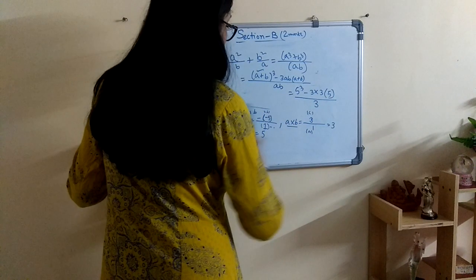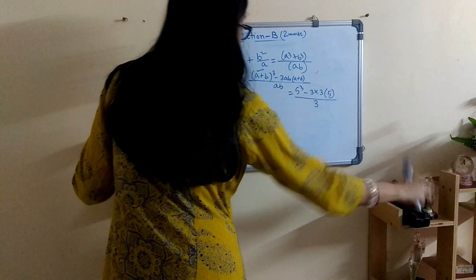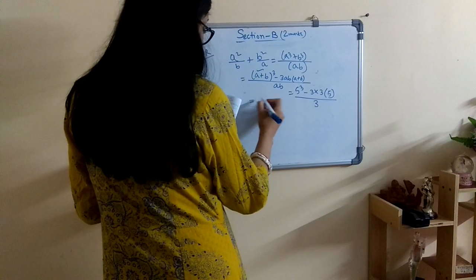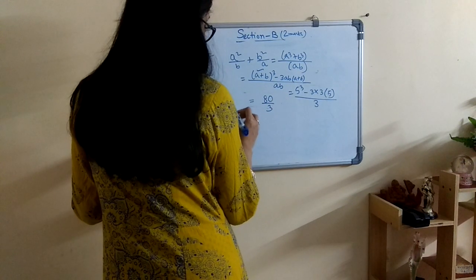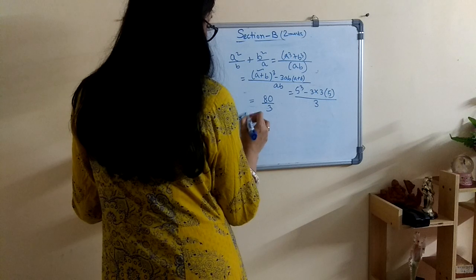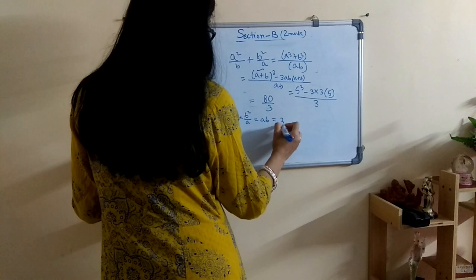And for the next portion, by calculating it, we will get the value 80 by 3, and for a square by b plus b square by a, it is equal to ab, which is equal to 3.